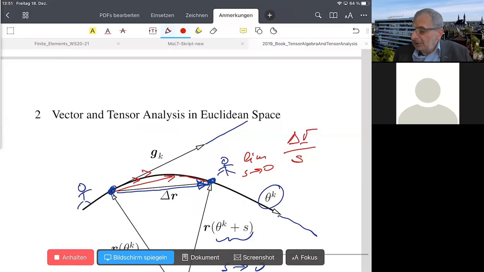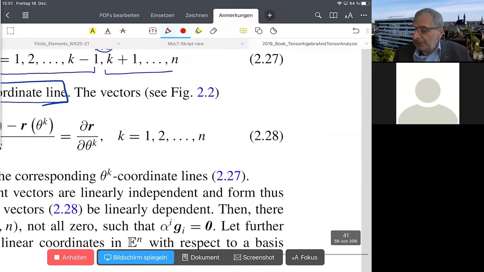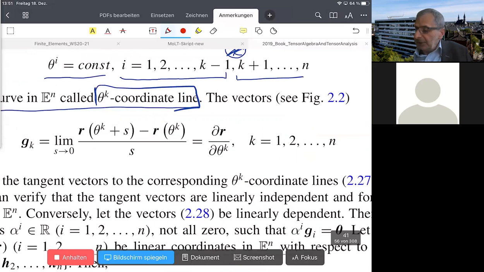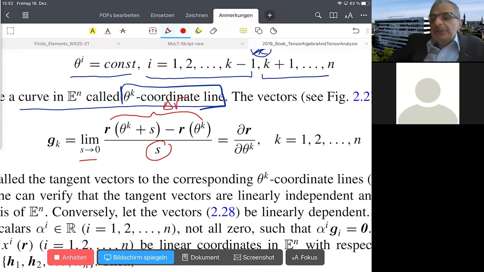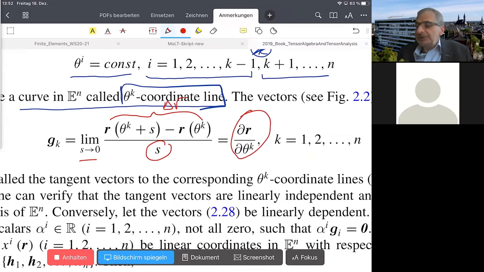And this is exactly the definition. We take the difference r at theta k plus s minus r at theta k. This difference is our delta r vector, divided by s. And then we consider the limit when s tends to 0. According to classical mathematics, this is nothing but the derivative with respect to theta k.